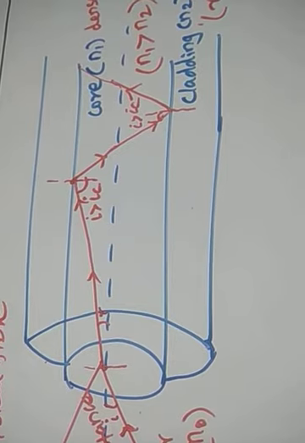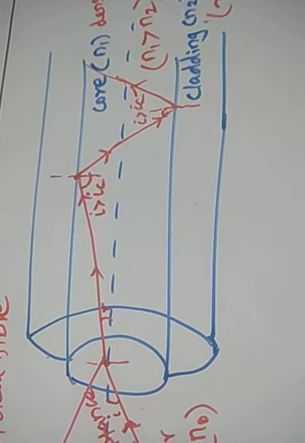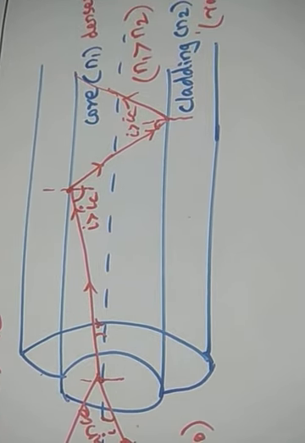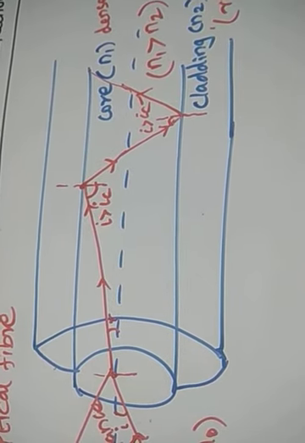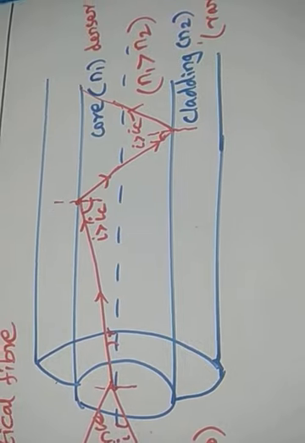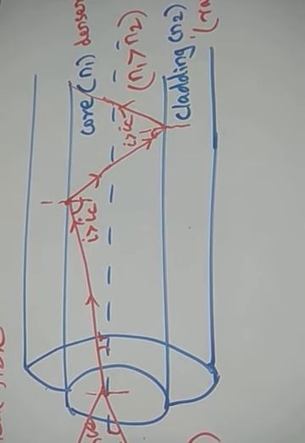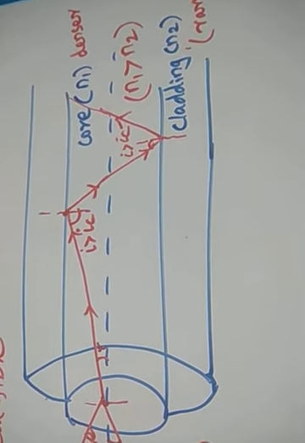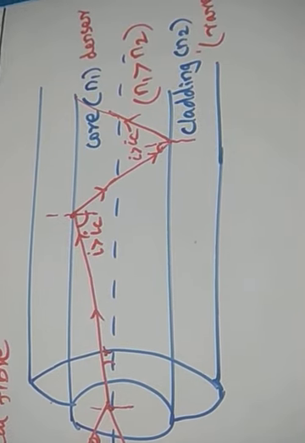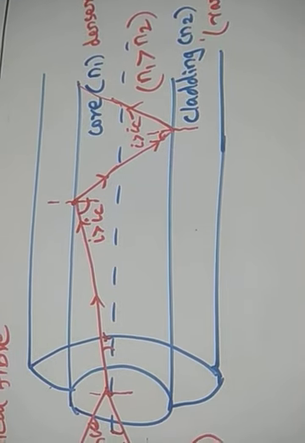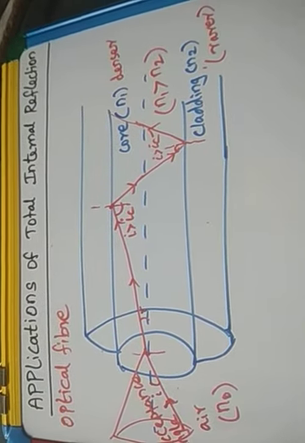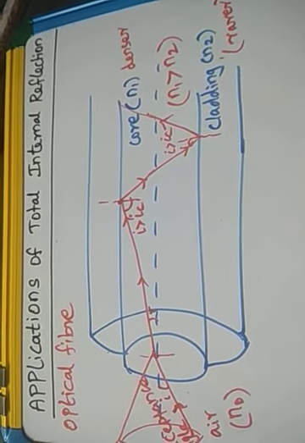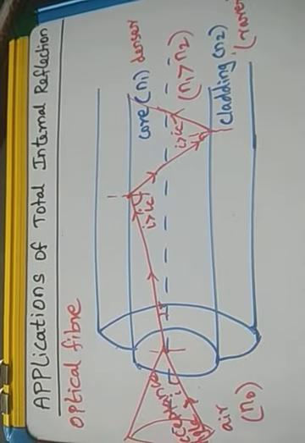LED light travels through the optical fiber in the doctor's hand, and that fiber takes the signal to the TV, which shows the picture. Optical fibers are also used in telecommunications and photometric sensors. So very simple. This is an application of optical fiber, showing how it works on the principle of total internal reflection.